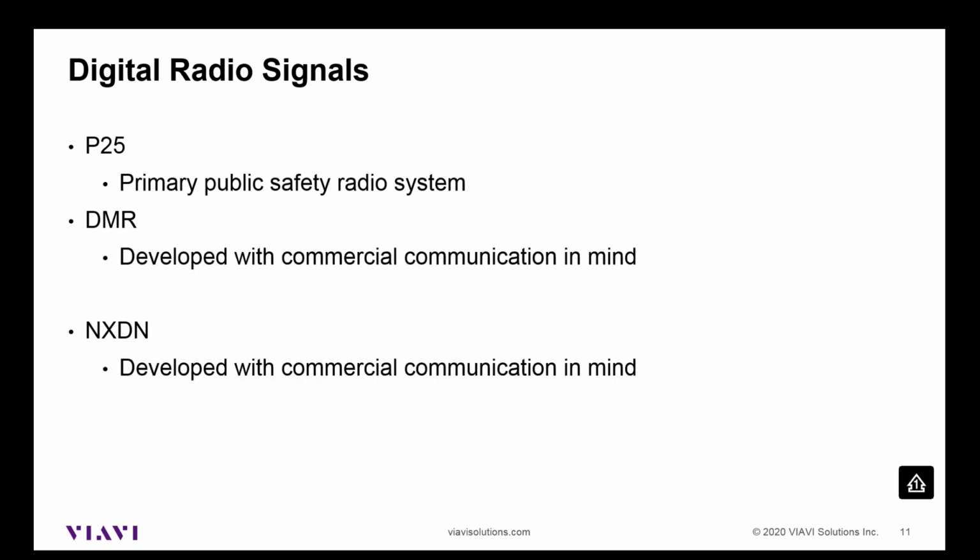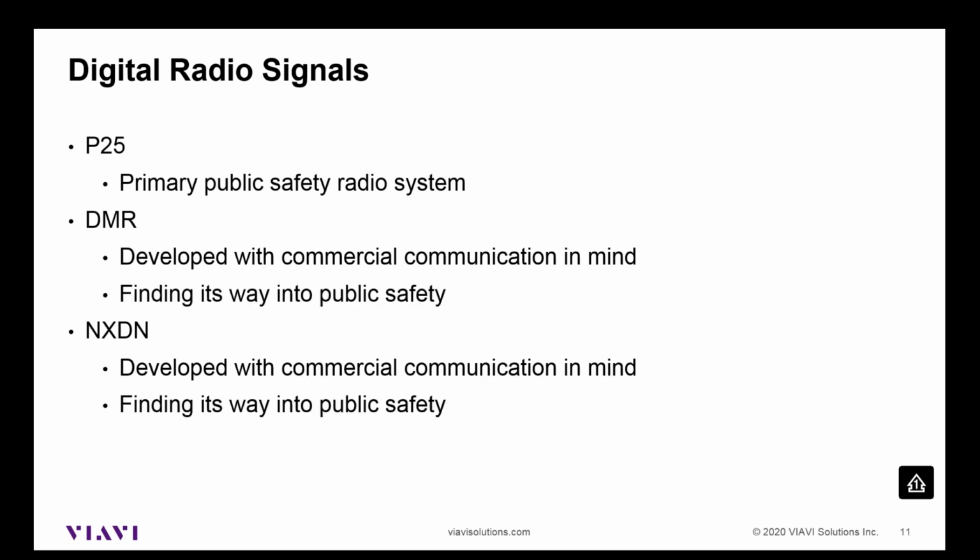After P25 became big, DMR and NXDN were also developed as competing technologies, if you will, but both were developed with commercial customers in mind. They took the digital technology we learned with P25 and applied it to slightly different protocols, in a way that could replace your older analog systems at a lower cost for the customer.